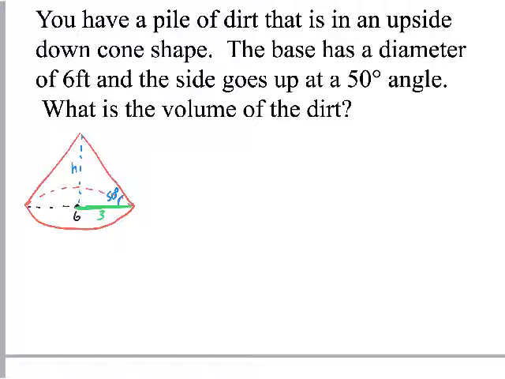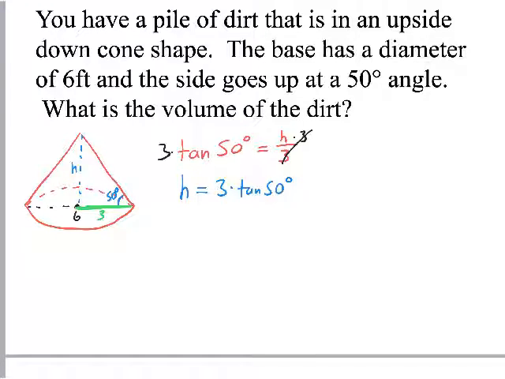That's tangent. So won't tangent of this 50 degrees be equal to opposite, which is h, over adjacent, which is 3? When we solve that, won't we get our height? Our height is equal to 3 times tangent 50 degrees.